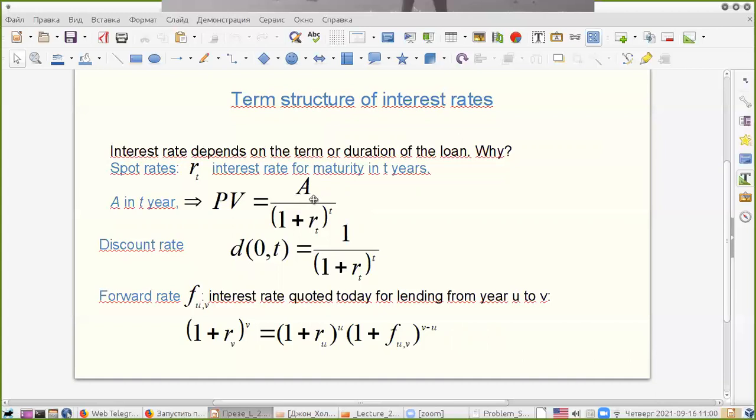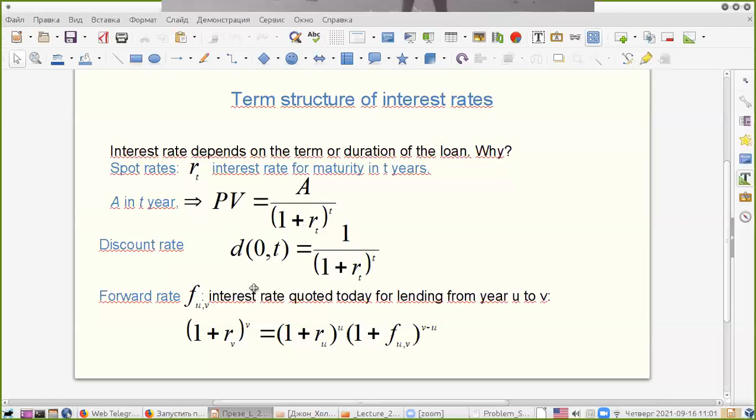It is A capital, and we know these spot rates, and we would like to find the present value, how much we should deposit in order to have A capital at the end of the period. So it is clear, I think. And from this formula, we can denote this as a discount rate, and that's all.